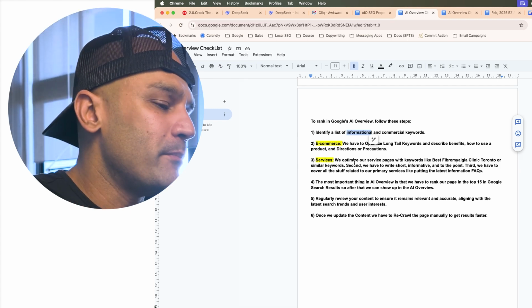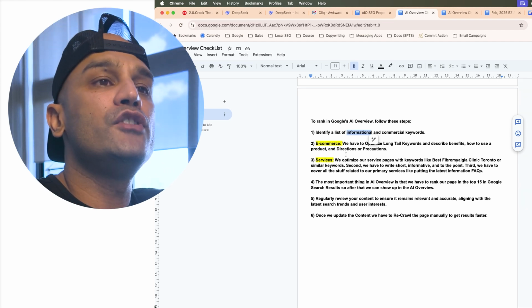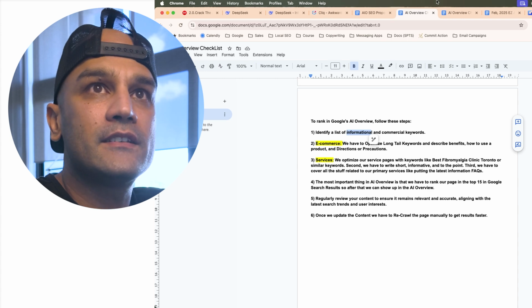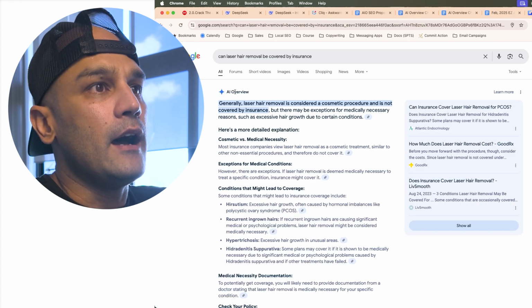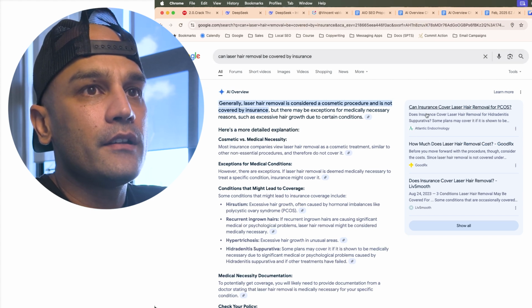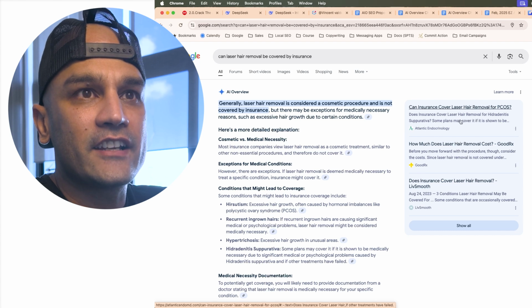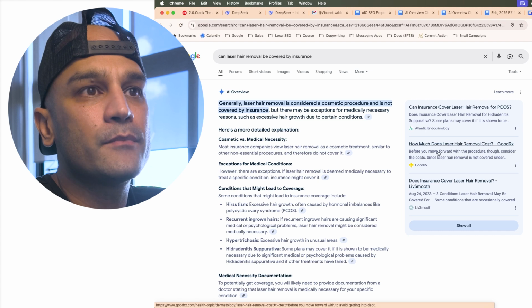So you're not really going to see a lot of conversions come from that. But say for example, let's just take the laser hair removal stuff. Generally, you want to end up over here in this section right here, because this is the section that is probably going to get some traffic.